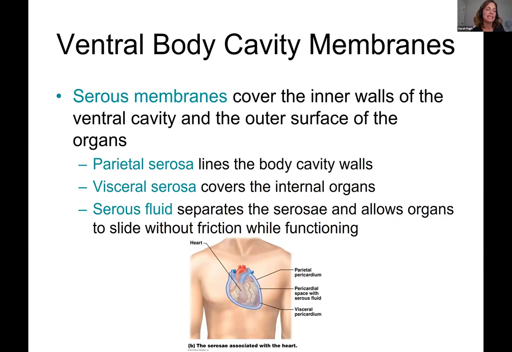One of the last things I'm going to walk you through is a little bit about something called serous membranes. These kind of go along with your body cavities in that your organs aren't just sitting in the cavity, they're actually housed within a membrane in that cavity. Okay, so those are what are called our serous membranes.